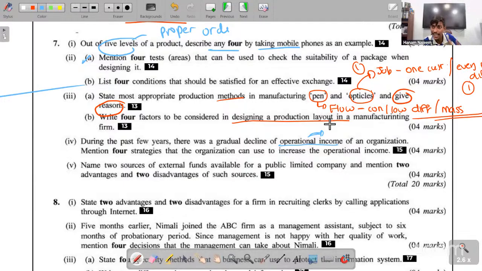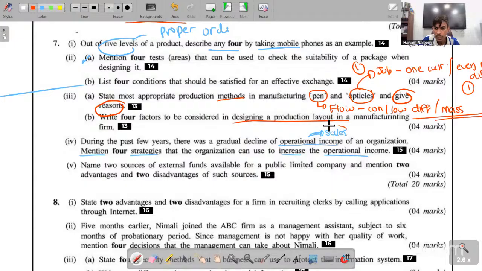You know what operating activity is? The main activity the business does, to sell the product and earn. The operational income of a business is sales. Sales is the main operating activity you do. So they're saying sales have decreased in this organization, and they're asking you to mention, no need to explain, four strategies the organization can use to increase the operational income.